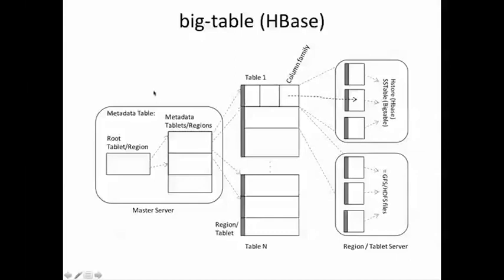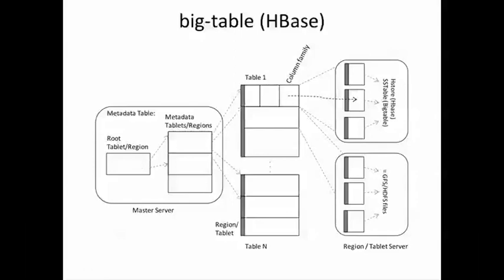The metadata table itself is another big table and therefore comprises tablets or regions which are maintained on a separate set of tablet servers. One particular tablet is the root tablet, so all our searches start from there.